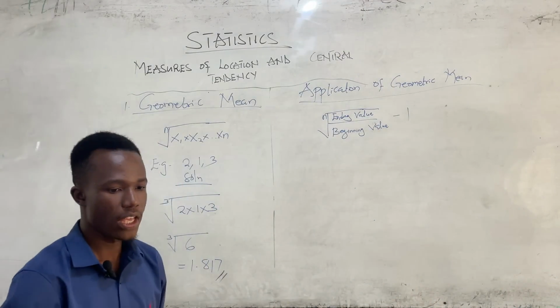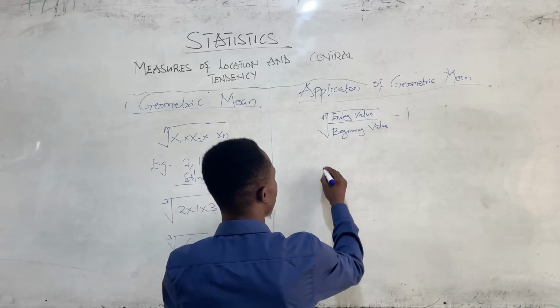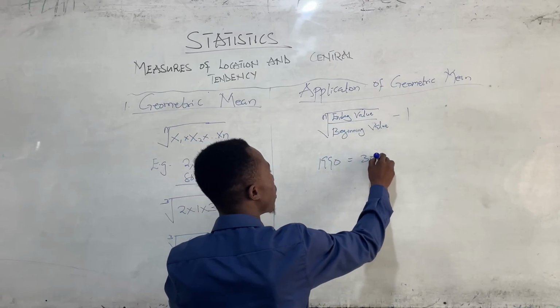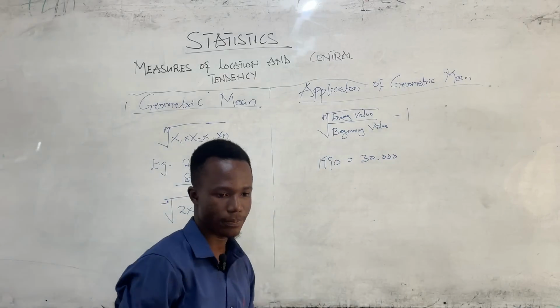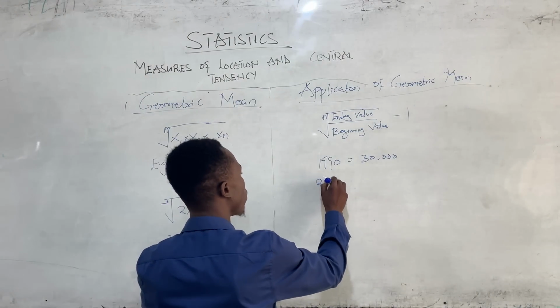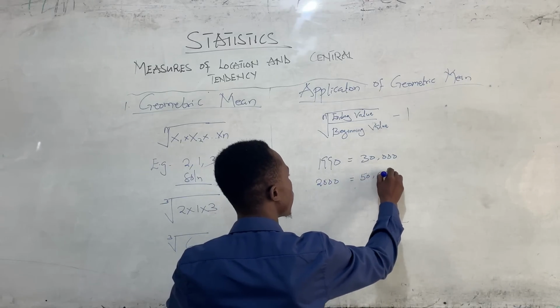We are saying if you earn 30,000 a year in 1990, right? So in 1990 you earn 30,000. Okay, and 50,000 in 2000. So in 2000 you earn 50,000.